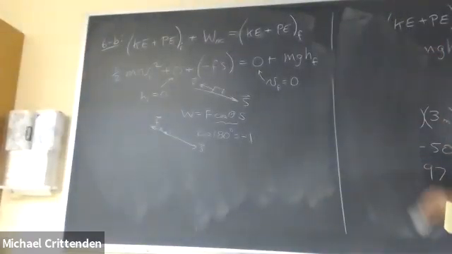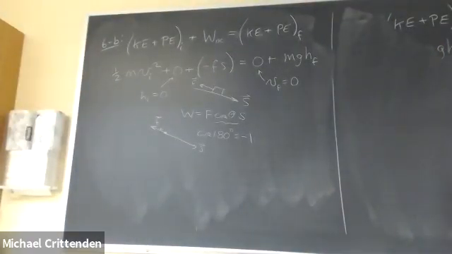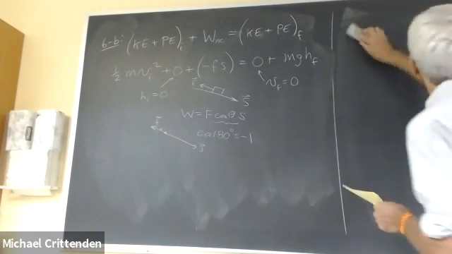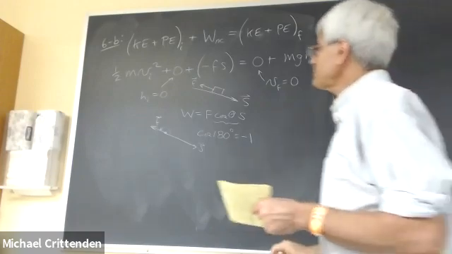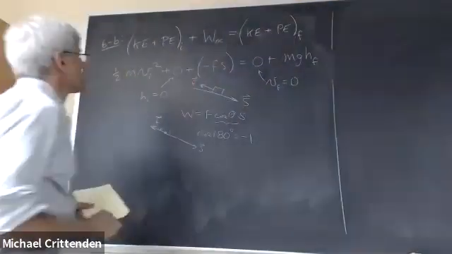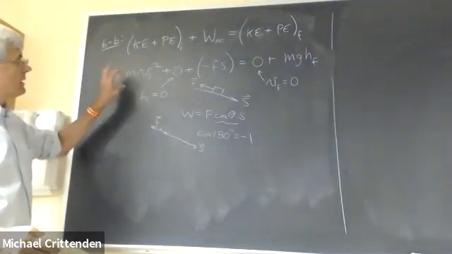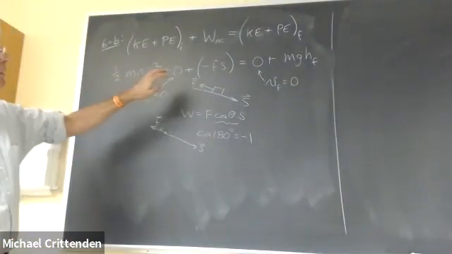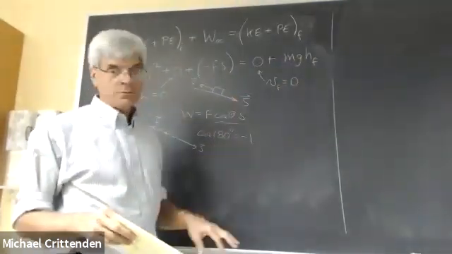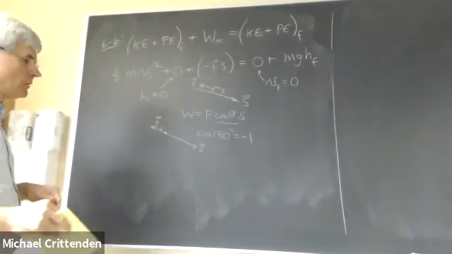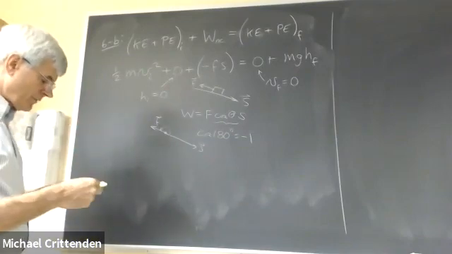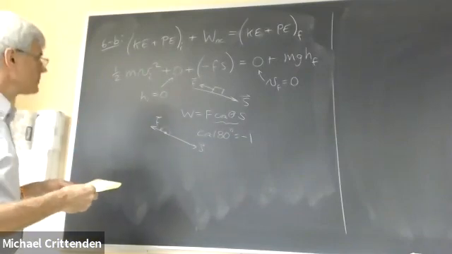H final is the unknown thing that the question asked us to determine. So we've got 1/2 mv squared minus fs equals mgh. When the dust settles, that's what we've got to fill numbers into.